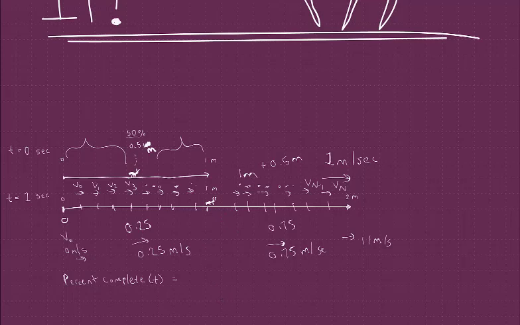So now you can imagine, if the ant is moving on top of that, what is the percentage complete of the band at any given second? Well, you can see the percentage complete starts off with the ant at 0 centimeters, and this is the band length here.